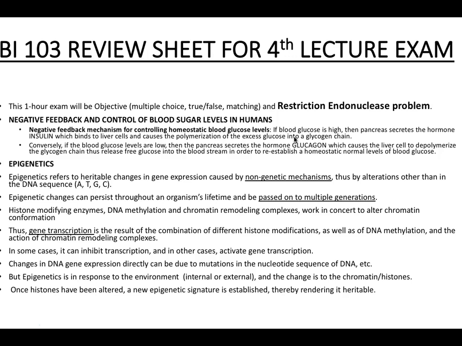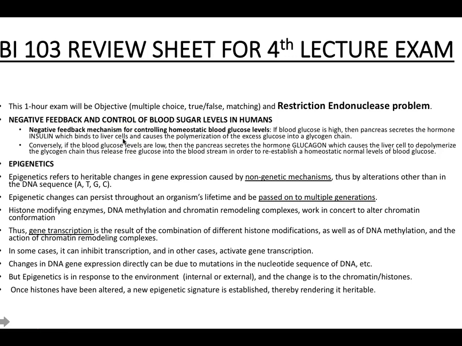If the blood sugar level drops, then the response for negative feedback is the opposite, so what will be set in motion is a rise in blood glucose to get it back to normal. So if blood glucose is high, then the pancreas secretes insulin, which binds to liver cells.